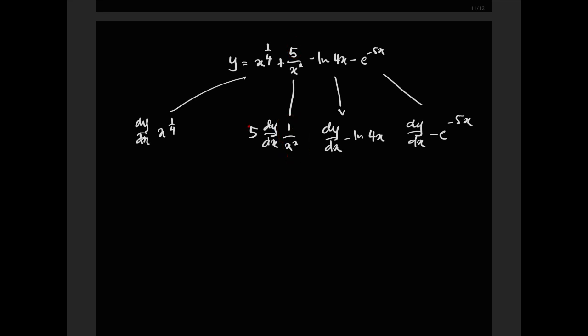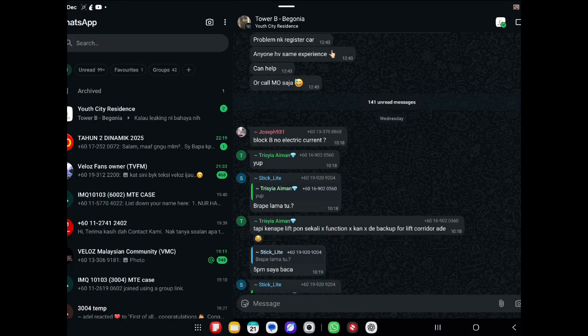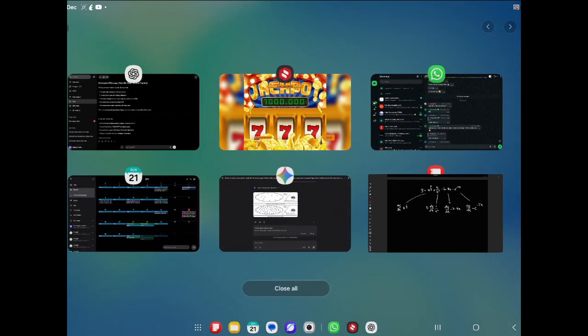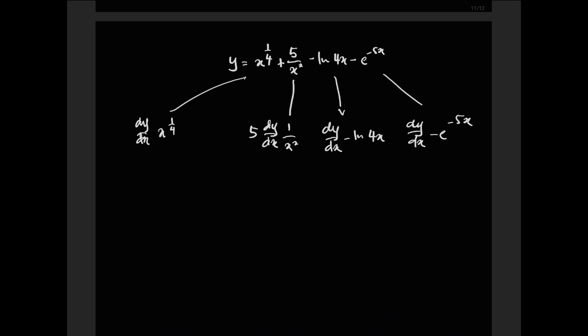So you can pull the 5 out, leaving 1 over x squared that will later be changed into a power function, where x squared becomes x to the power of negative 2.